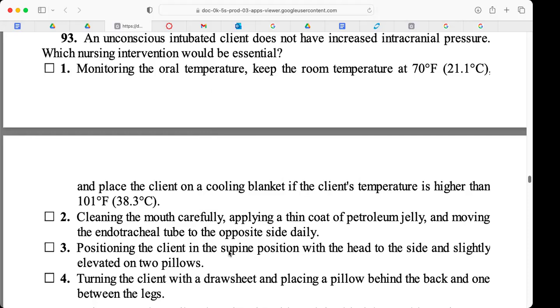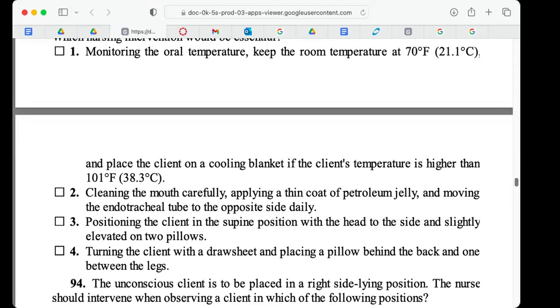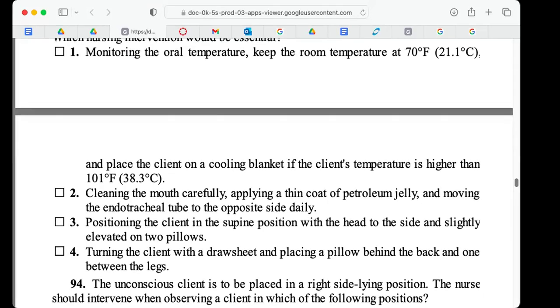So what about 1 makes it wrong? Because the client is intubated, so we can't have anything in their mouth like an oral temperature. Very good. That was really hard to catch and you caught it. We want to do maybe axillary for him, right?